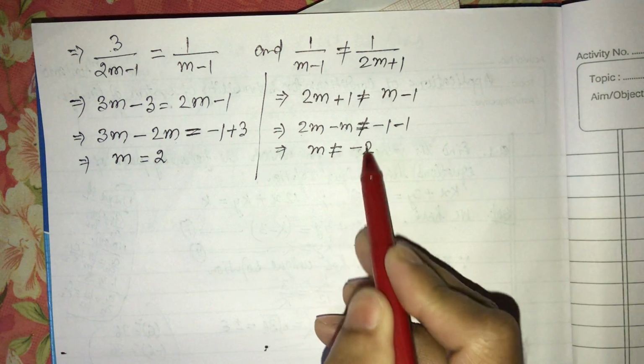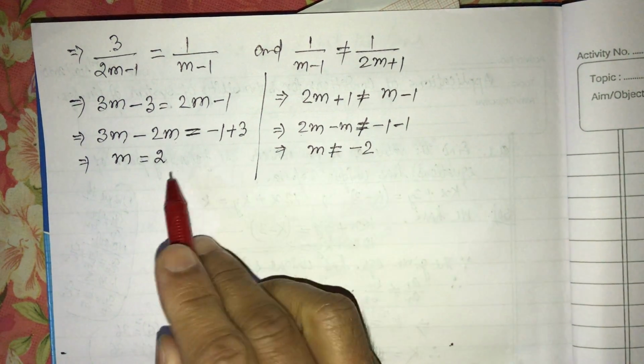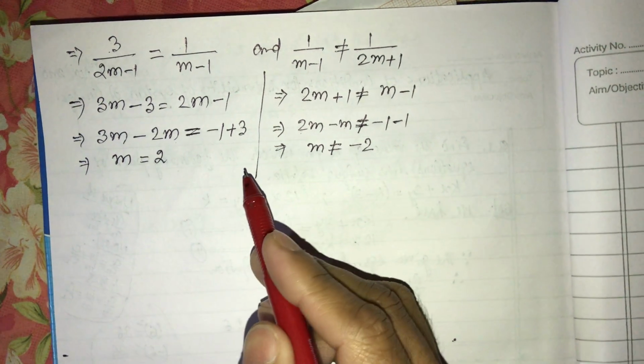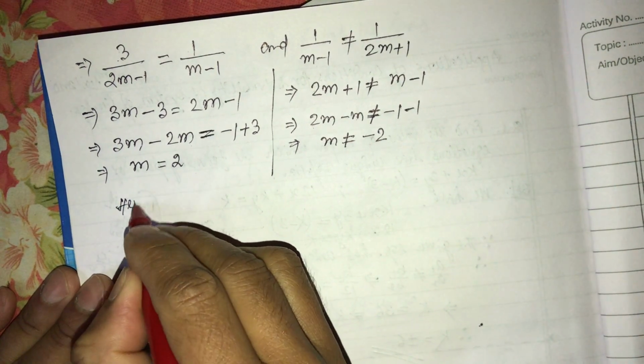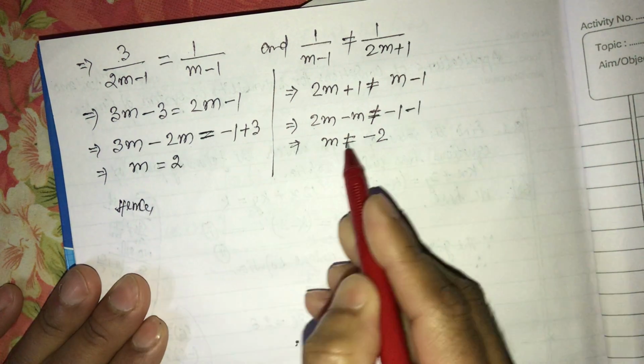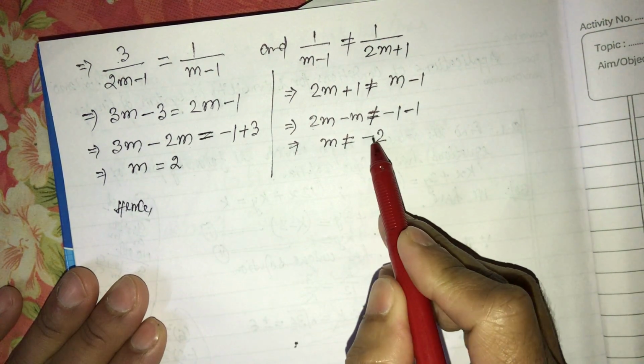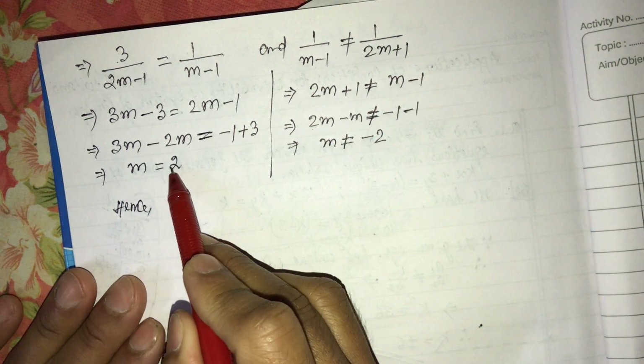Alright, so these two cases we got, hence the conclusion, two values we are getting here. Except this minus 2, and here we got 2.